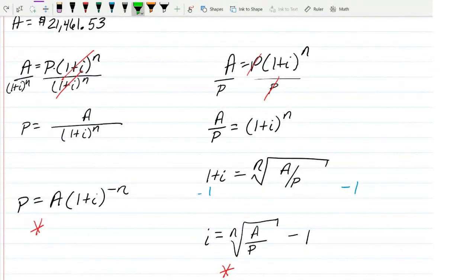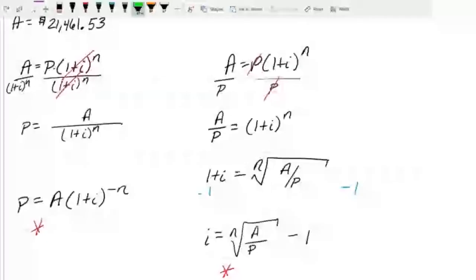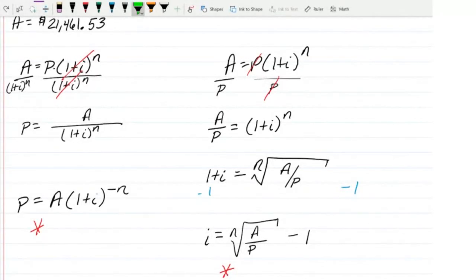The negative n power makes a lot of sense to me, because if you compare the negative n version of the formula with the positive n version of the formula, you'll see that I'm calculating the P. I'm basically starting with the A, the future value, and I'm going back to the P, which is the present value. And doesn't that mean I'm going backwards in time?